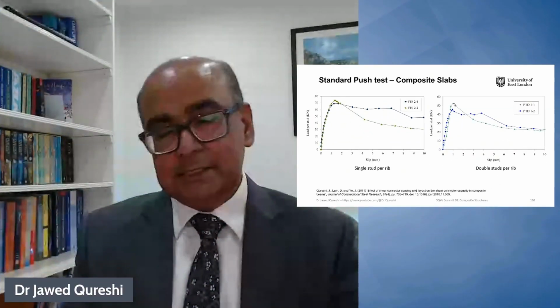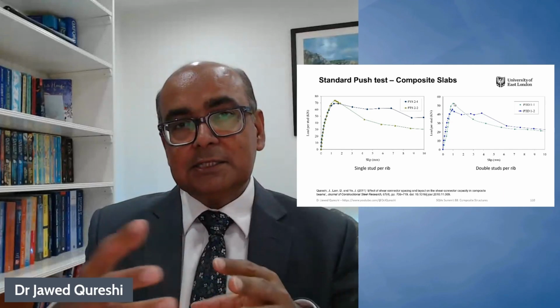And from testing, what I have seen is that you saw these concrete cones earlier. If you use double studs, then the concrete cone is shared between those studs. The failure is mainly concrete in case of profile sheeting slabs.